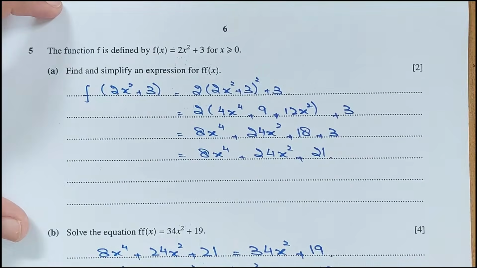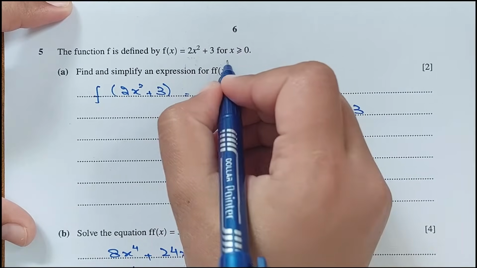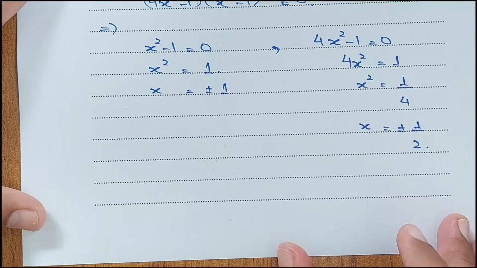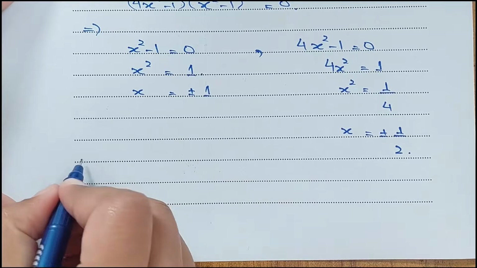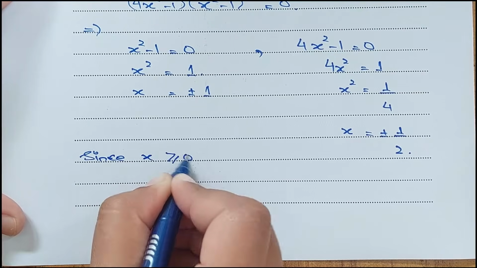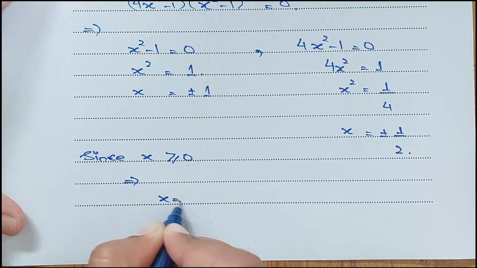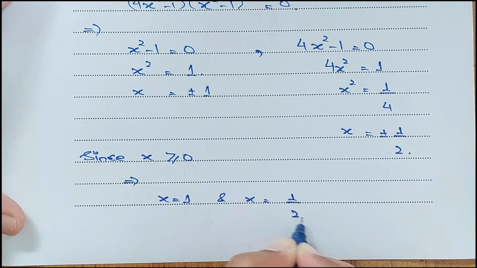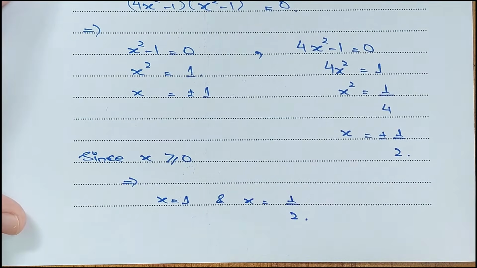Okay, but we have a given domain that x should be greater than or equal to 0. So what are the values of x? Since x is greater than or equal to 0, the only solutions are x equals 1 and x equals 1 by 2. We have to consider the positive solutions.